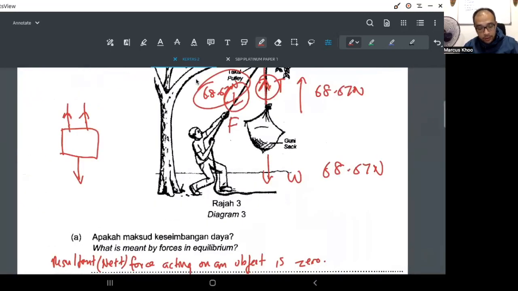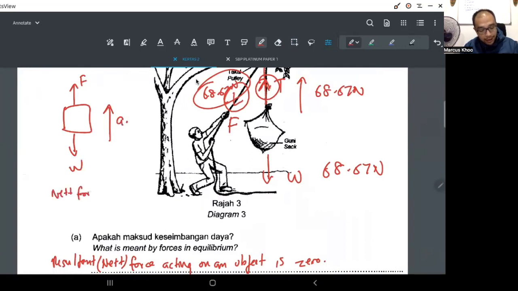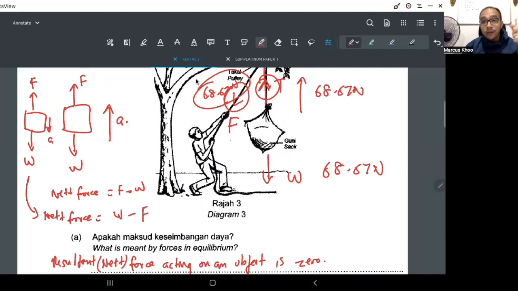If there are two forces, F and W, and the object is accelerating up, then your net force must be F minus W, because it is going up, so obviously the force upwards is bigger than the weight. If the object is going downwards, then the net force must be W minus F, because the weight is bigger than the force.